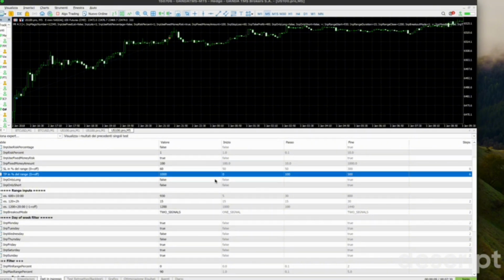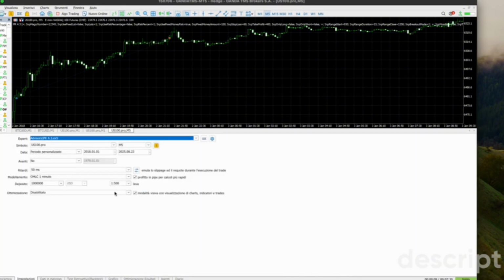You can do the same backtest manually, but it's going to take ages, because with 1400 trades, if you change the take profit or the stop loss every time, it is very hard. I'm going to show you how to optimize the parameters, because it's very useful, and also you can improve the strategy much more.